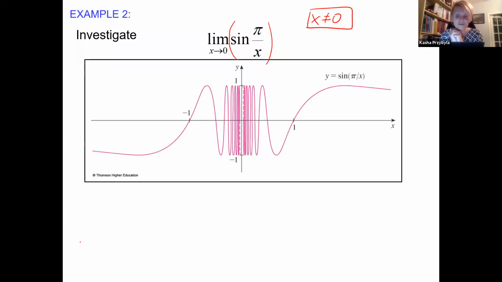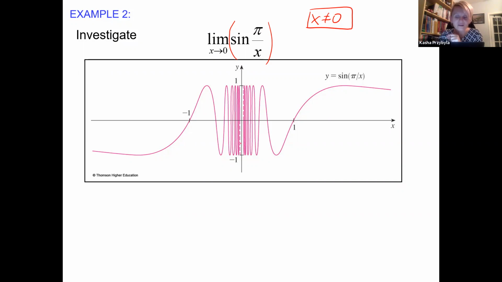The graph looks interesting. How can we read this curve? It's like a sine curve, a little bit narrow, because the pi over x changes the values.